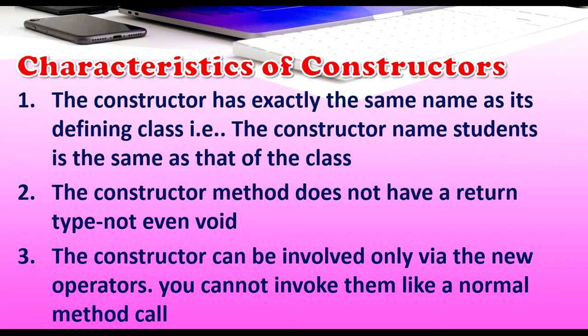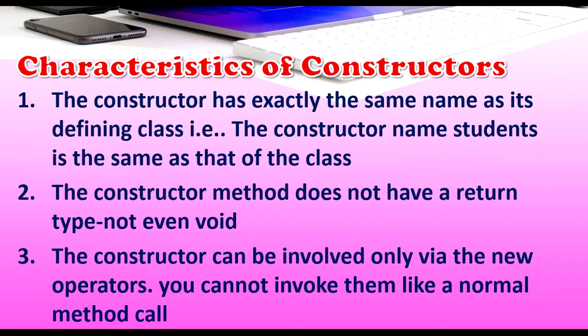So let's discuss the characteristics of constructors. The constructor has exactly the same name as its defining class, that is, the constructor name Student is the same as that of the class. The constructor method does not have a return type, not even void. The constructors can be invoked only via the new operator.